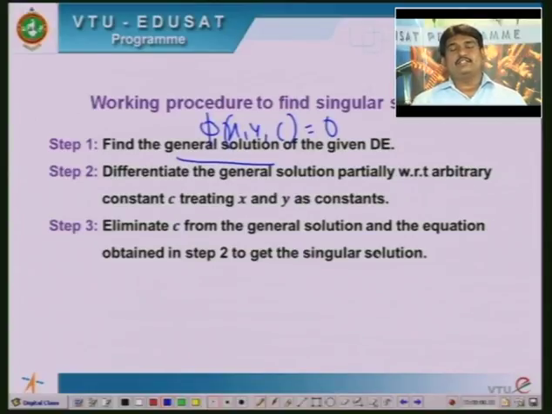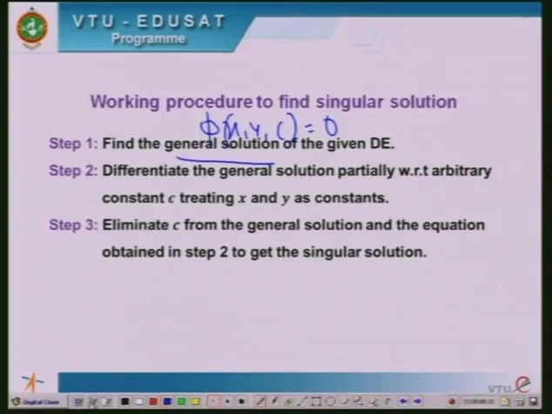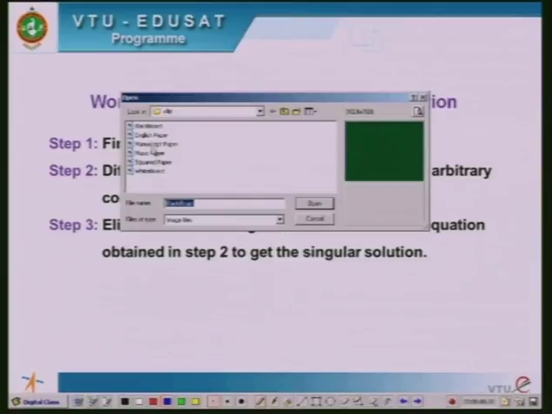Differentiate that general solution with respect to the arbitrary constant present, treating the other two variables, x and y, as constants. You will get one relation. Eliminate c from the general solution and the equation obtained from it to get the required singular solution. Now what is it geometrically? To understand that clearly, I'll start with the formation first.